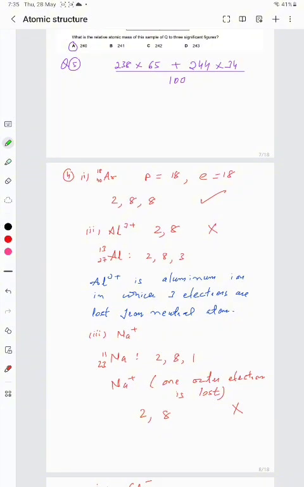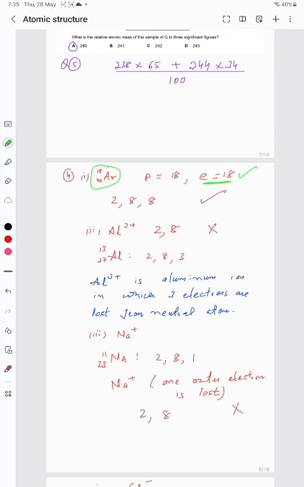For example, if you take argon in the periodic table, the smaller number is 18, which means protons are 18. So therefore electrons are also 18. And neutrons are not required, 40 minus 18. And if you draw the electronic configuration, keeping this 18 in mind, it will be 2, 8, 8. Then comes aluminium, 3 positive.